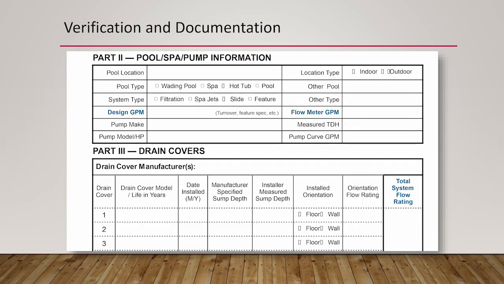So pool, spa, pump information. That's where, and there's maybe more information, I think it would be to our advantage as a society to get just the bare minimums on this. So like on the federal form, we have wading pool spas, hot tubs and pools, filtration spa jets and all of that. Really, it's not mission critical if we know the flow rate or looking up TDH.